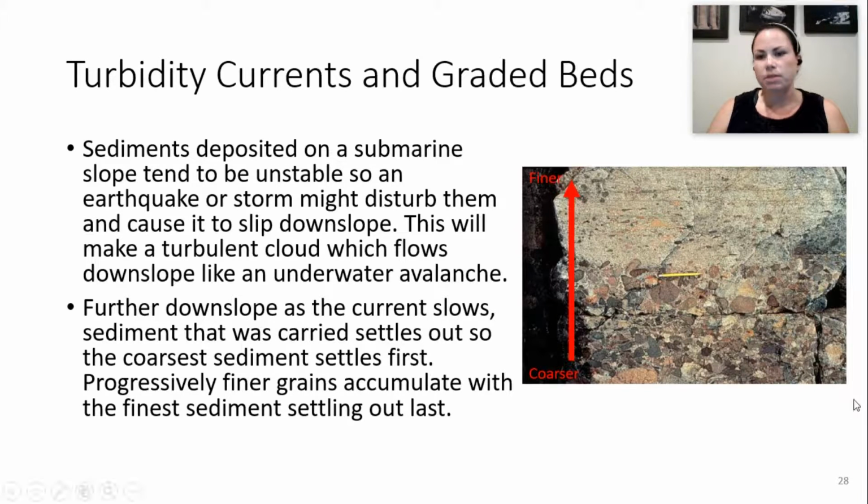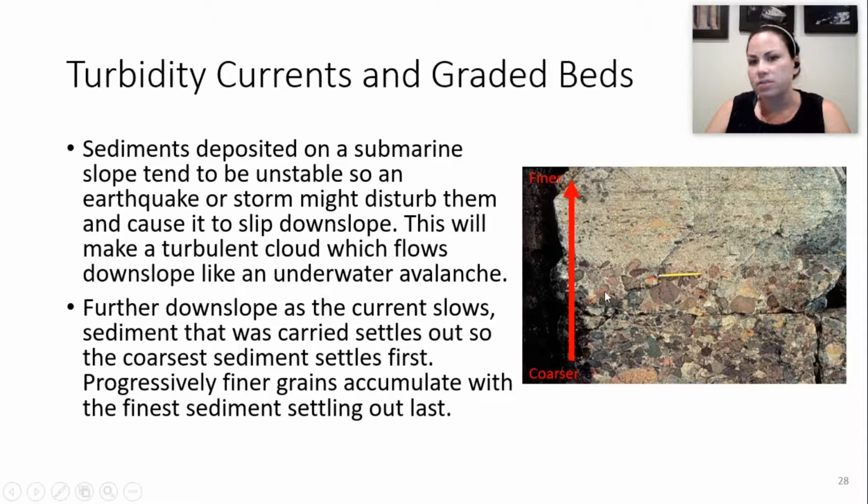An example of this is where we have coarser grains here at the bottom and finer grains at the top. Again, these are some words that we would use to describe these clasts here. We have really large clasts. They're quite angular. Some are a little bit more rounded.